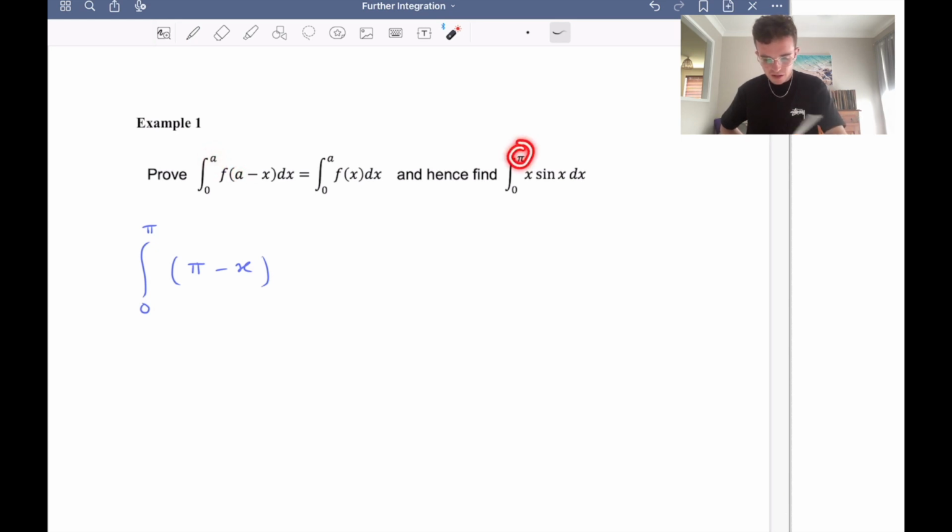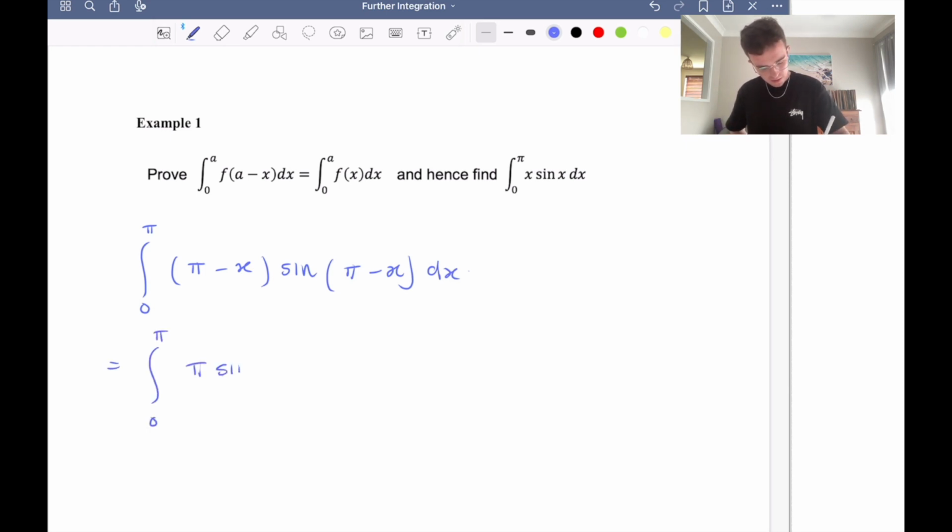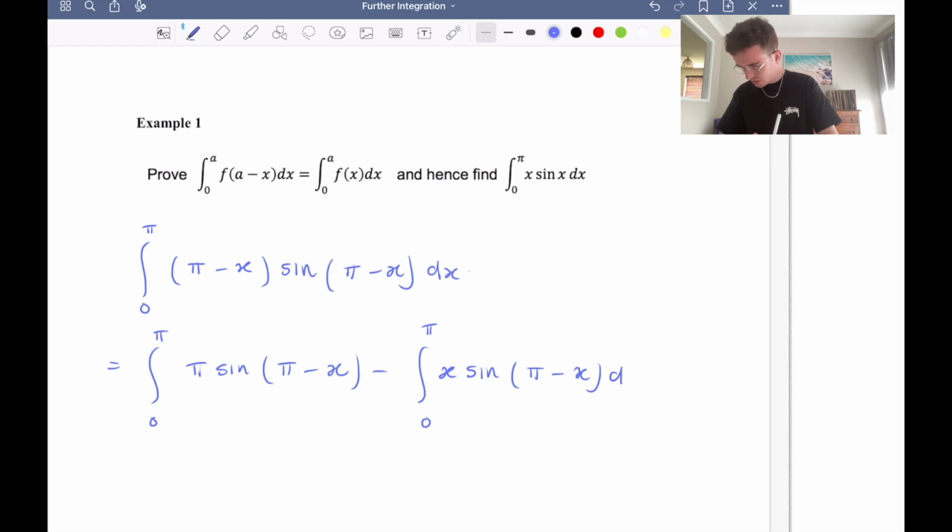So that pi is going to go here, sine of pi minus x dx. Now if we expand that, that's going to be the integral from 0 to pi of pi sine of pi minus x, minus the integral from 0 to pi of x sine of pi minus x dx.